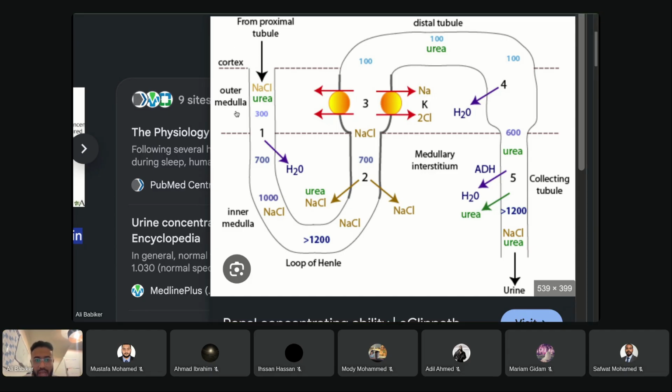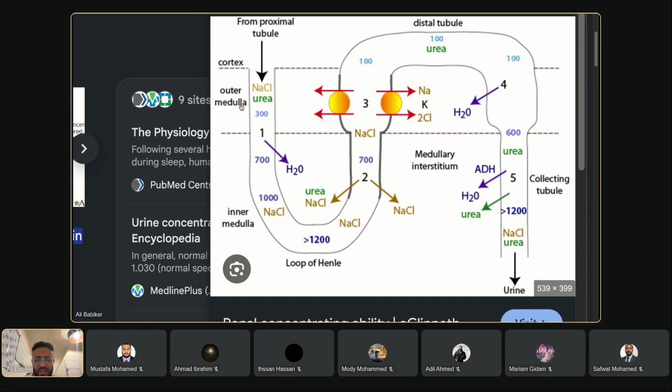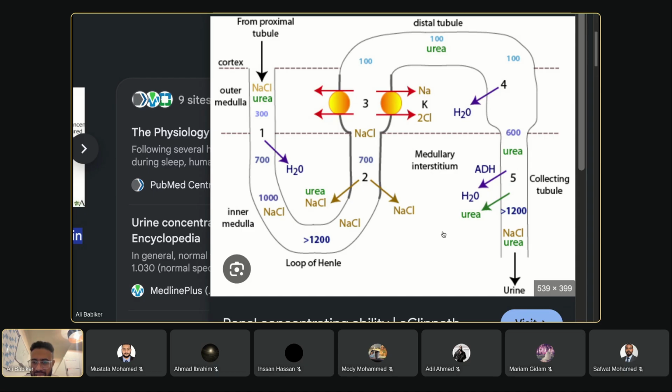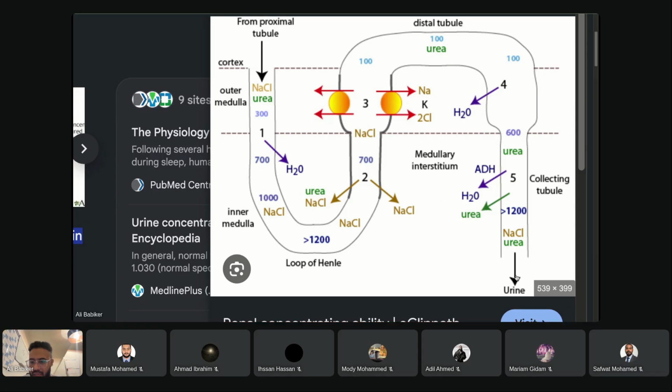Long story short, I don't want to complicate it. This medulla here has to have a very high osmolarity. The salt concentration here is very high. Why? Because you want to suck the water out before the urine leaves.